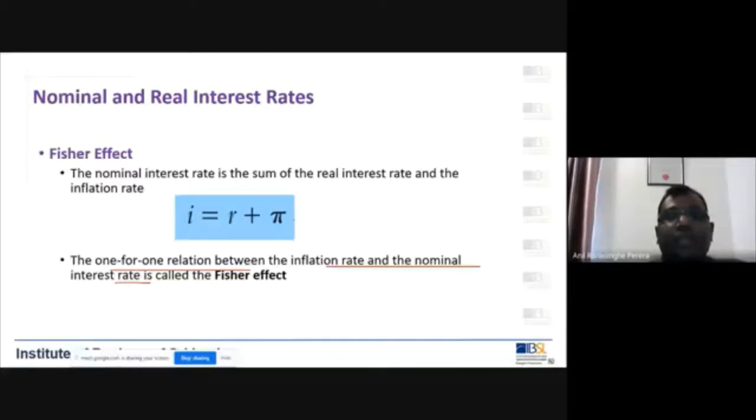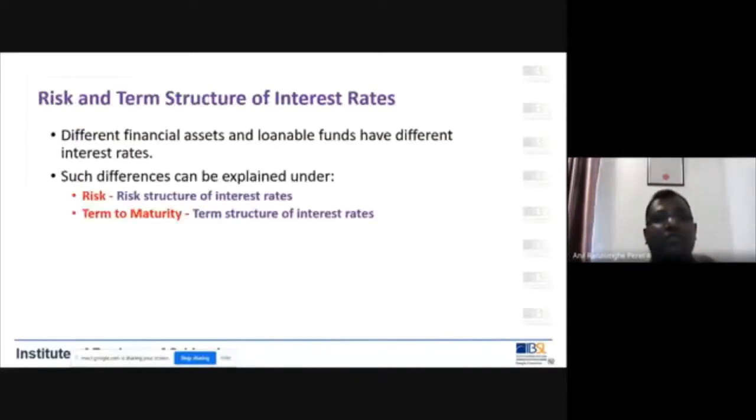What does that mean? If inflation increases by 10%, this suggests the interest rate should also go up by 10%. So there is a clear relationship between the interest rate and the inflation rate, which is termed the Fisher effect.